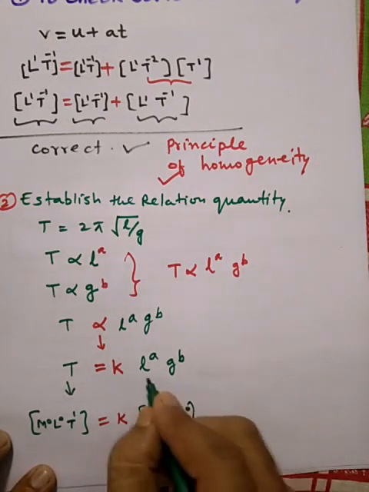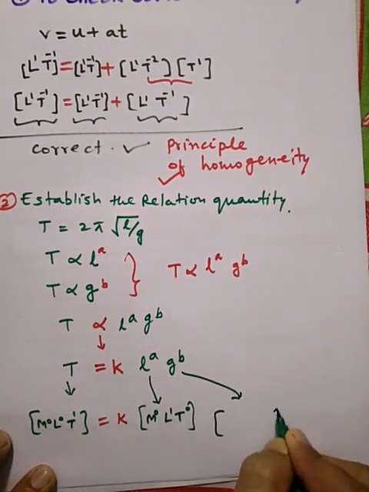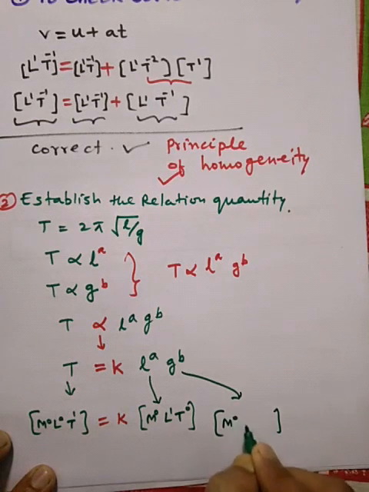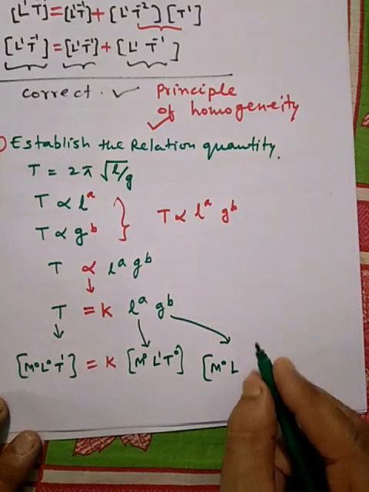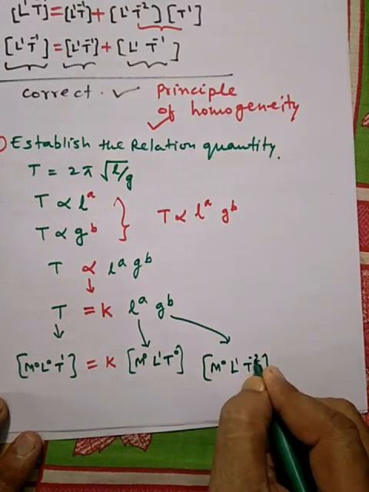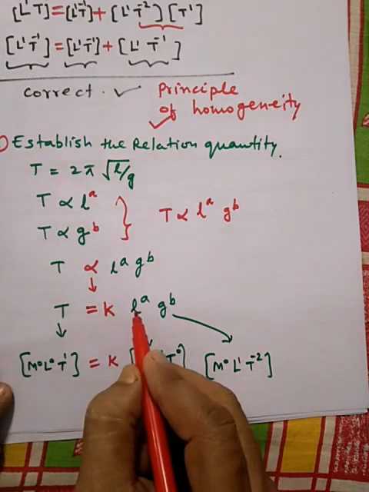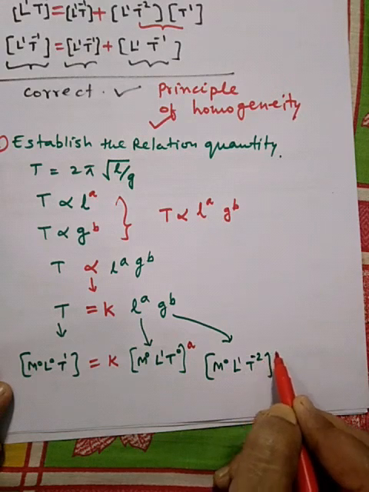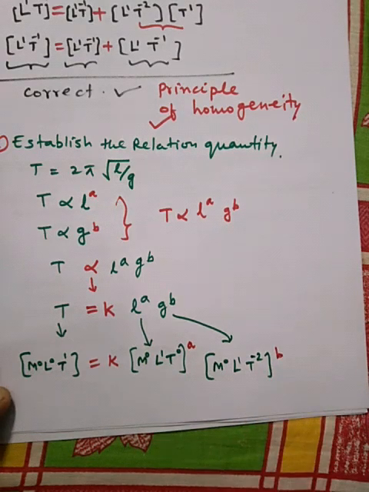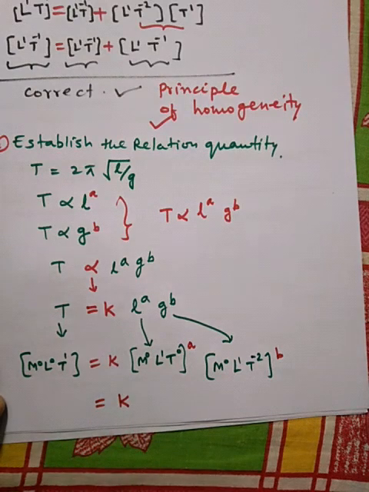Dimension of g: g is acceleration due to gravity, mass is absent, dimension of acceleration is L1 T minus 2. Now the power of L is a, I am writing a here. Power of g is b, I am writing b here. Equal to k as it is.